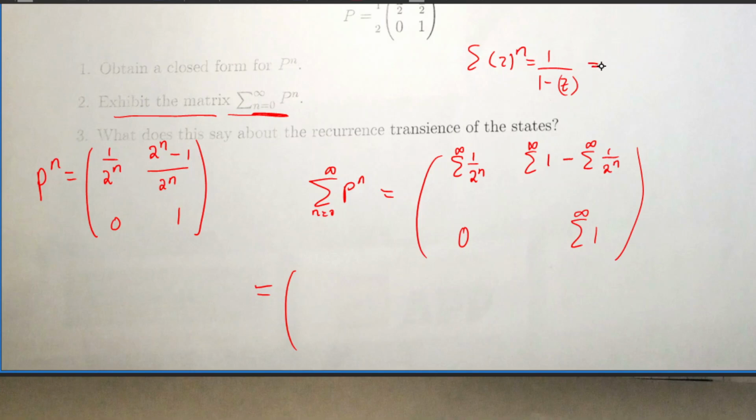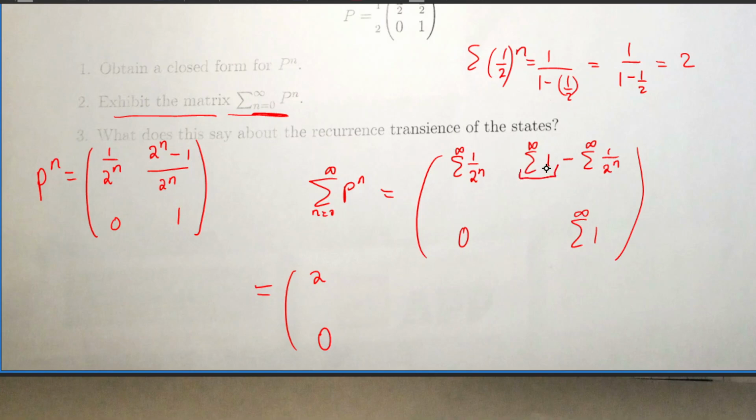So this will be equal to 1/(1 minus 1/2), where we have 1/2 raised to the power n. So this is our z, and we put it over here, and this will simplify to 2. So this converges to 2, and we're going to have 0 there.